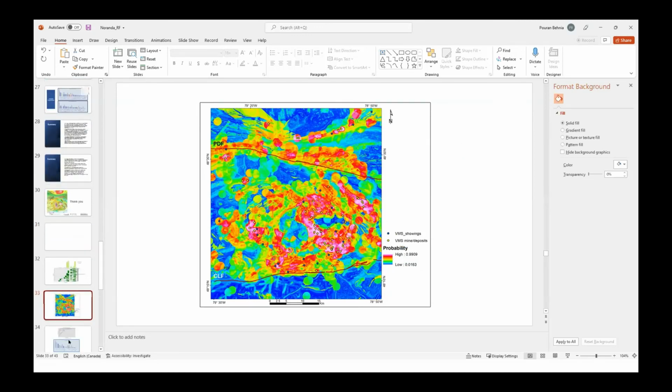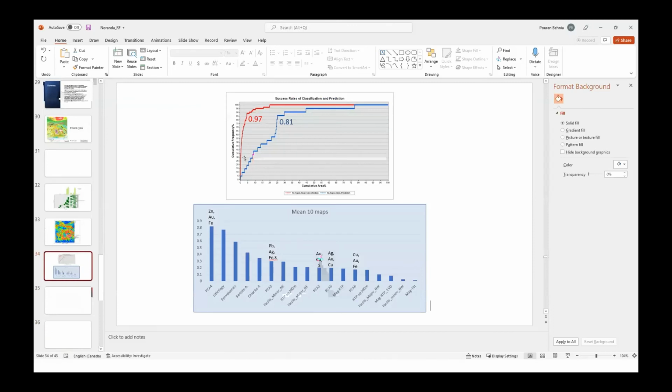Here in this model, we didn't include the 3D geophysical data. Here we can see again the minor northeast trending has high predictive value, and the major ones show some moderate importance.